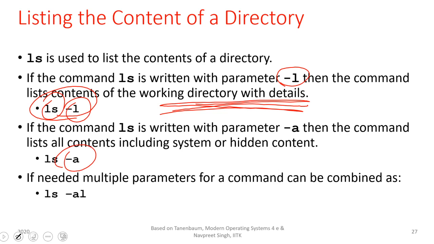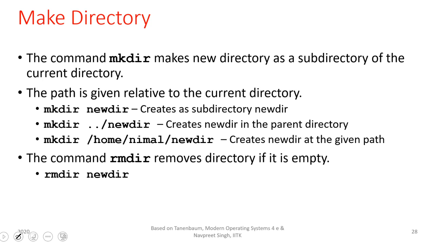If we do -a, it will also display hidden system files, and if we combine those two as -al, it will do both of those things at once. Then for creating a directory, we can use the make directory command, and for removing a directory, we can use the remove directory command.